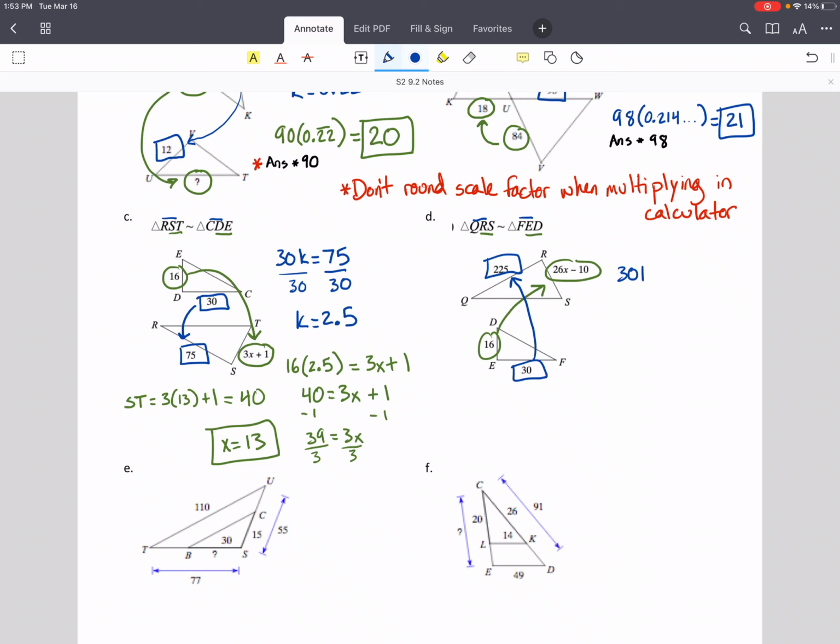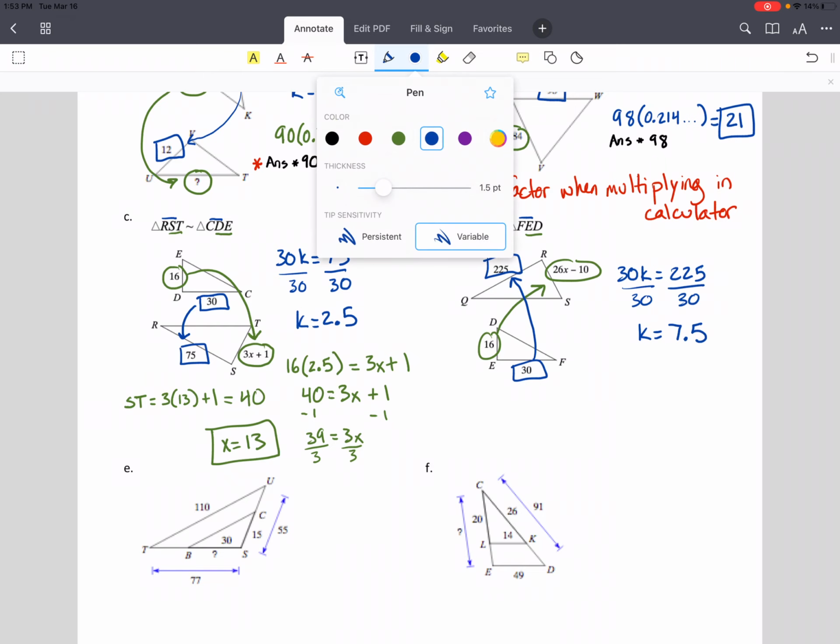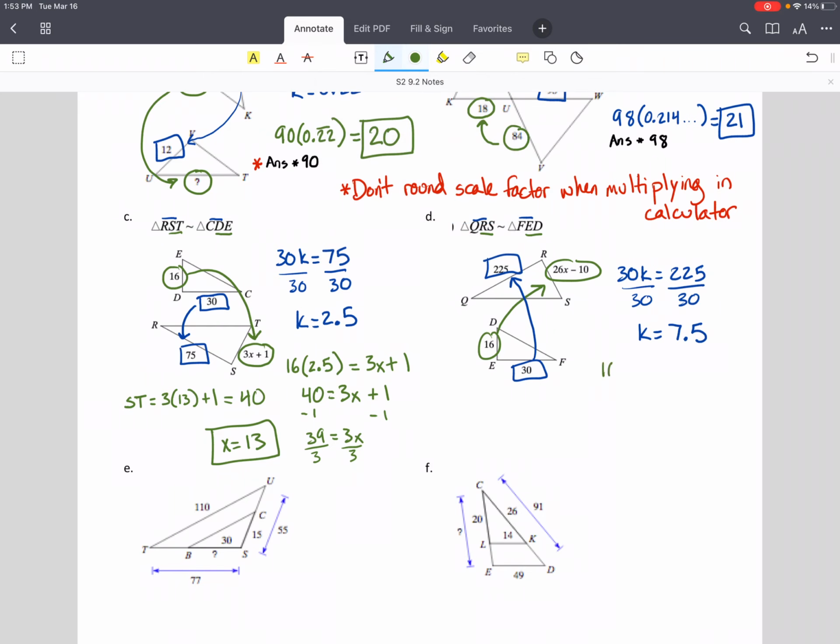So 30 times my scale factor gets me 225. 225 divided by 30 is 7.5. Oh, another nice number. That's good. So that means I can take 16 times 7.5, and that's going to get me 26x minus 10. So it gets 120.